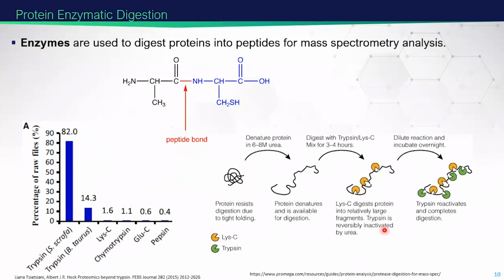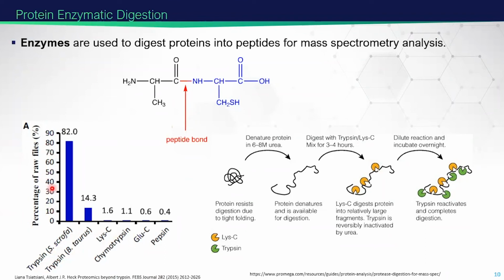After you have the proteins extracted, you need to use some proteases to digest proteins into peptides. Basically, proteases break the peptide bond between two adjacent amino acids. There are multiple enzymes you can use, and the most widely used is trypsin.